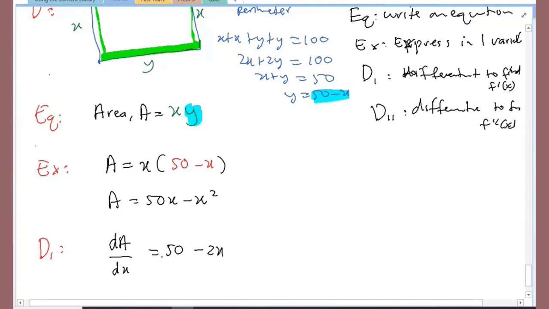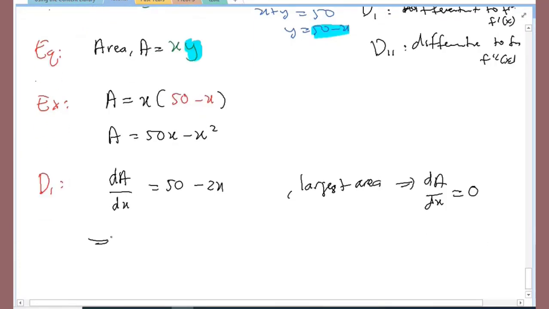The largest area or smallest area, it is the same procedure: dA/dx equals 0. This implies 50 minus 2x is equal to 0, so x is equal to 25.